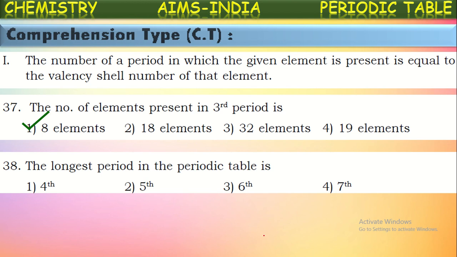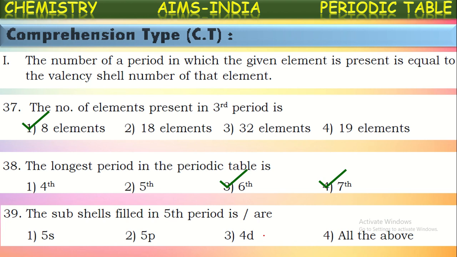Then the sixth and seventh periods contain 32 elements each, so they are called longest periods or very long periods. Earlier the seventh period was incomplete, but scientists have now discovered those elements also and filled the seventh period completely. So now we can say the sixth and seventh periods are both longest periods.